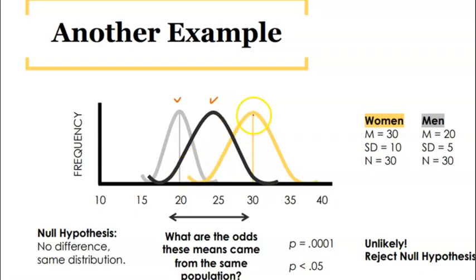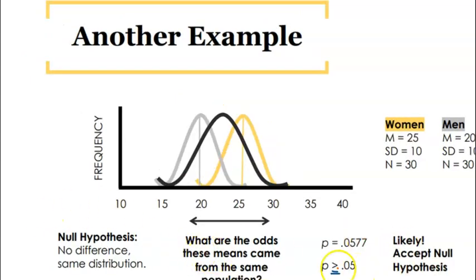But in fact, between this yellow and gray, you can see that there is no overlap. So the p-value is less than 0.05. So we can reject the null hypothesis and accept our alternative hypothesis, meaning that there is a significant difference between men and women in postings on social media.